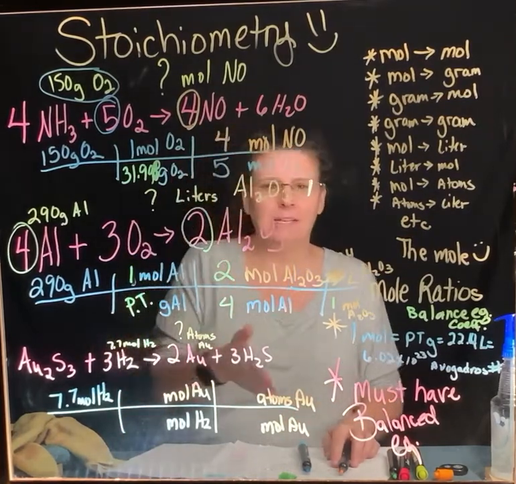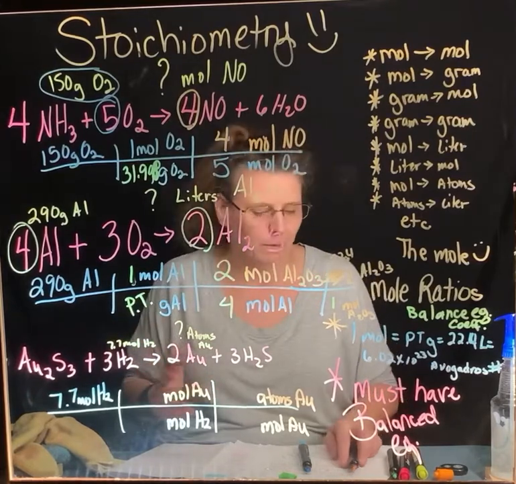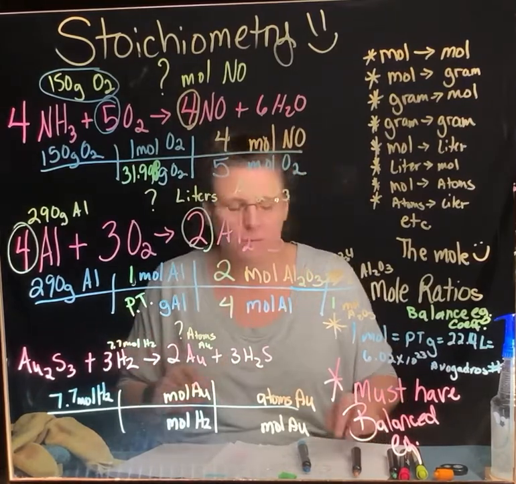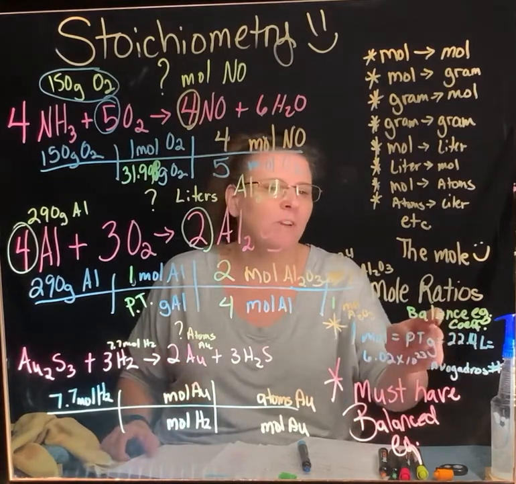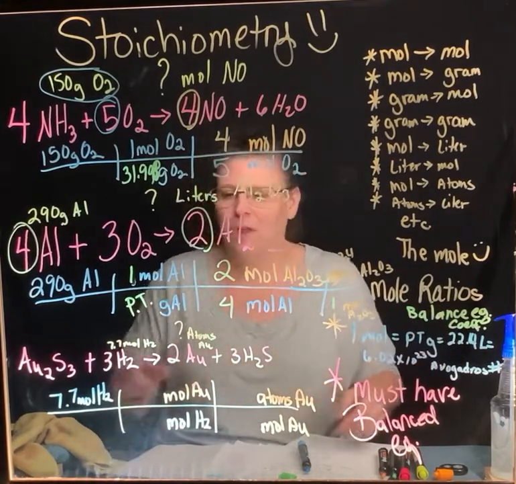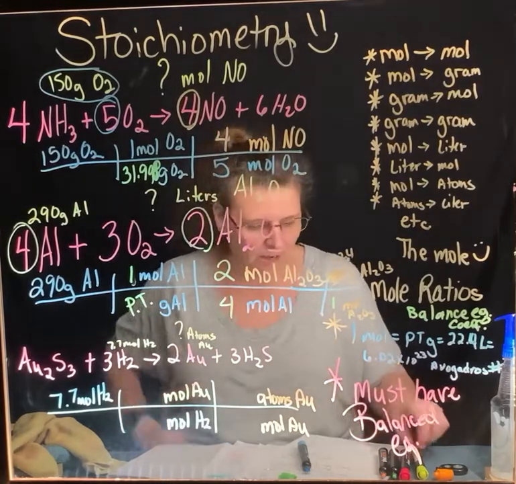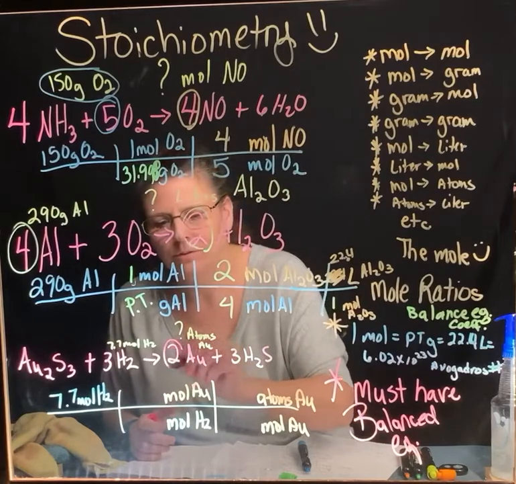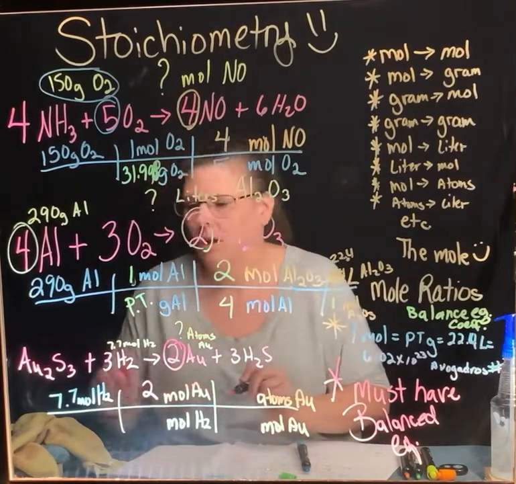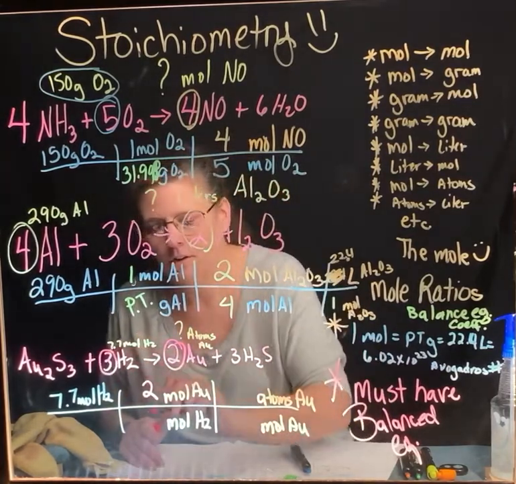Well, this one's pretty easy because we don't have to find anything on the periodic table. We don't have any grams. So when we have mole to mole, that's your coefficient from your mole ratio. You go back to your balanced equation, and you find Au. There's Au. Here's hydrogen.